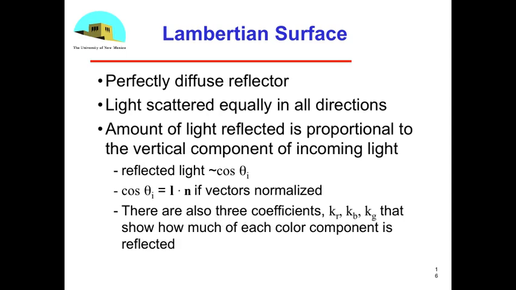But in fact, we want to do that three times, because if we're modeling the light as having separate red, green, and blue components, then we have to model the surface as having red, green, and blue coefficients that determine how much light is absorbed and reflected for those incoming components. So there are three coefficients, Kr, Kg, and Kb, that show how much is reflected. So there's the simplest model.